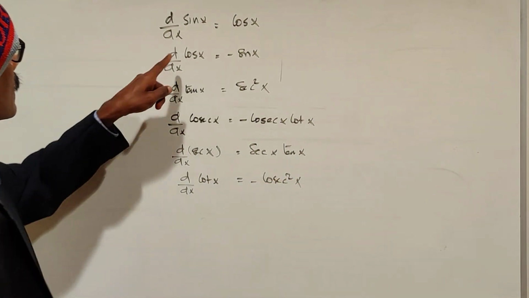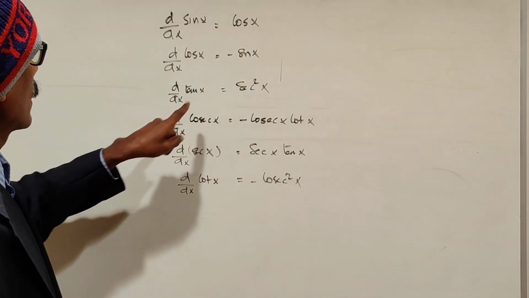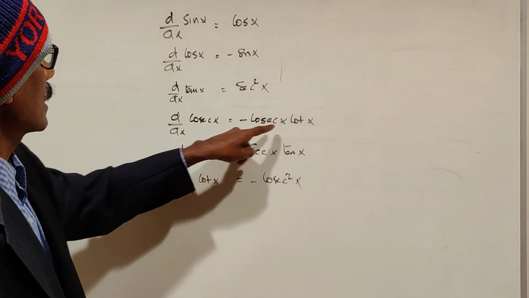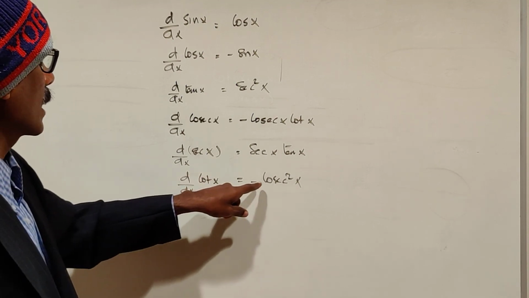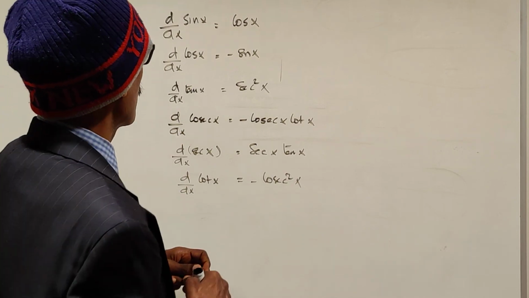See, derivative of cos x, C, negative. Derivative of cosec x, the letter is C, negative cosec x cot x. Derivative of cot x, the letter C, negative cosec square x. See, that is easy to remember, okay?